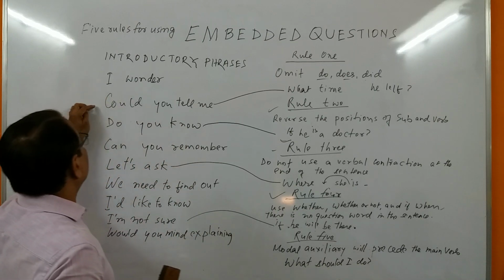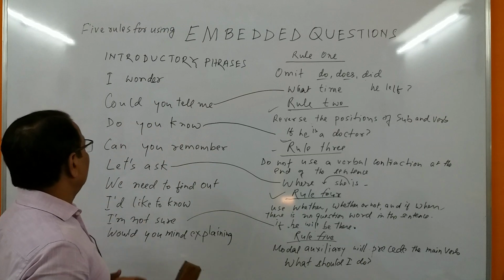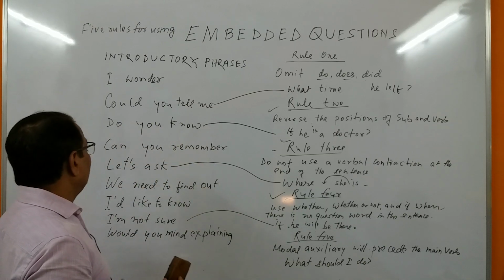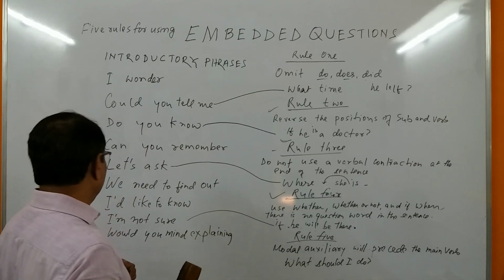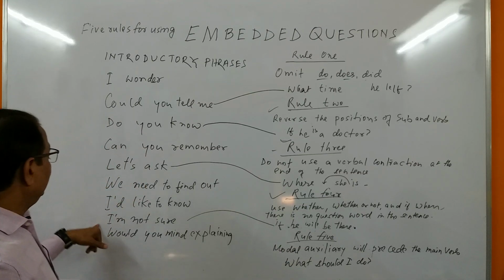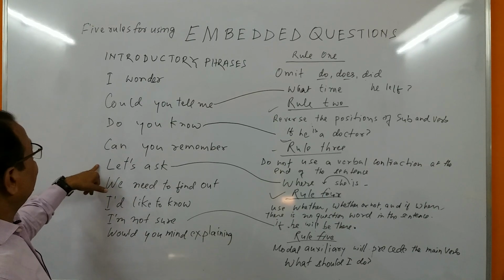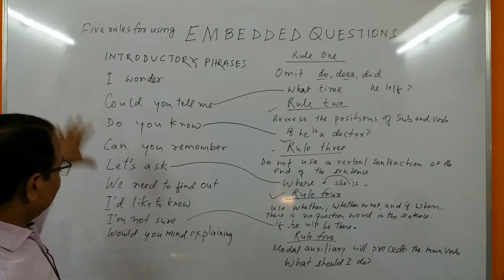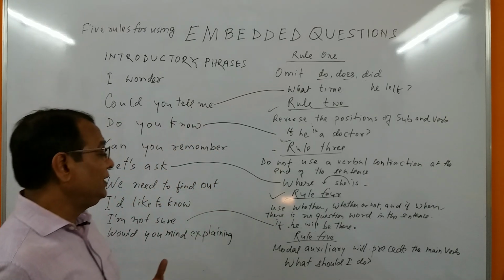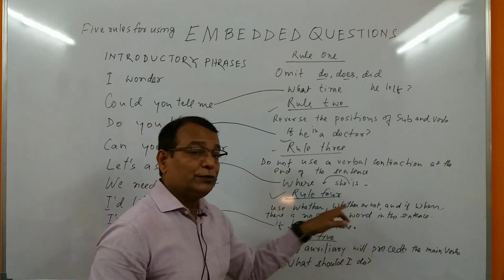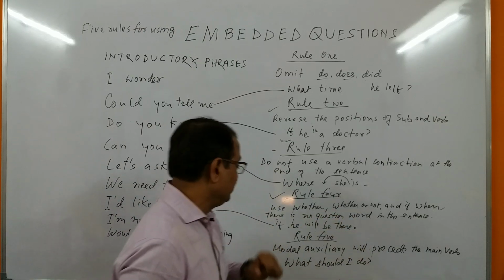Introductory phrases like "could you tell me", "do you know", "can you remember", "would you mind explaining" are question forms. But the rest of the introductory phrases, "I'm not sure", "I would like to know", "we need to find out", "let's ask", are not question forms. In that situation we will not put a question mark. If the introductory phrases are in question form, then you put a question mark.